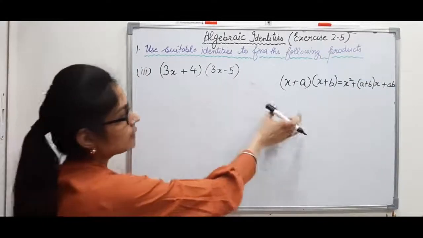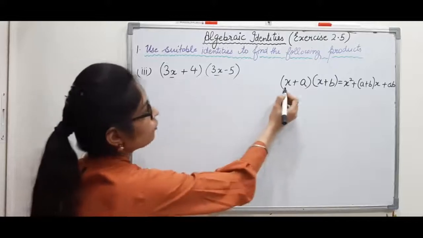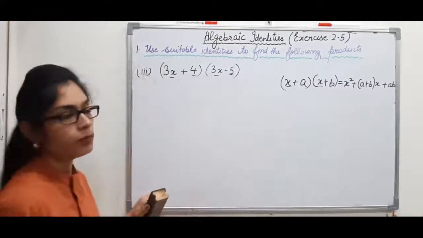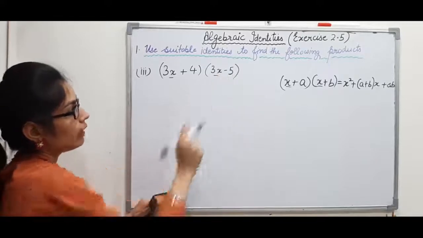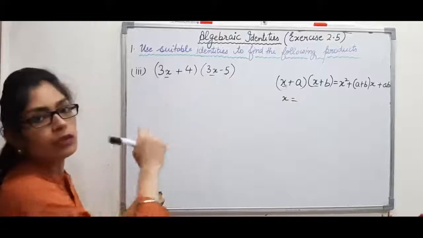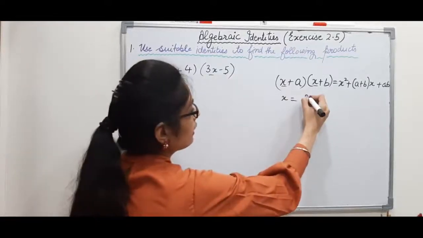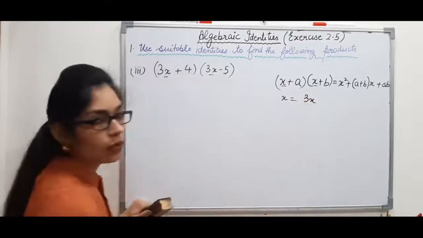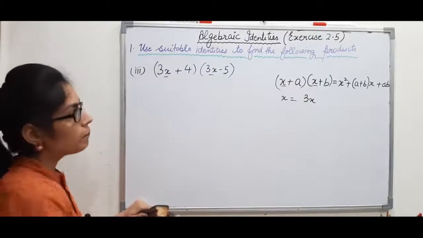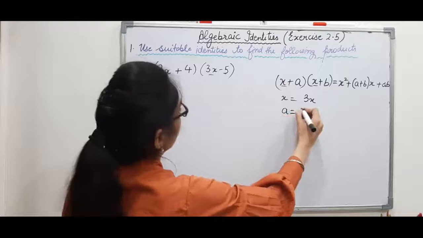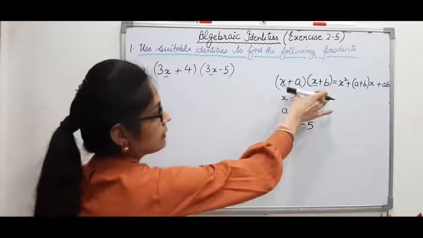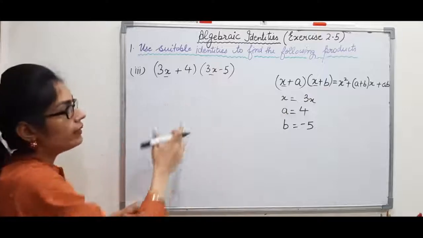The form is the same. The first term is in terms of x and the second terms of both expressions are constants, 4 and 5. Here your x is 3x, it's not a single x, it is 3x now, so you have to write accordingly. A is 4 and b is minus 5. So this expression is already given to us.